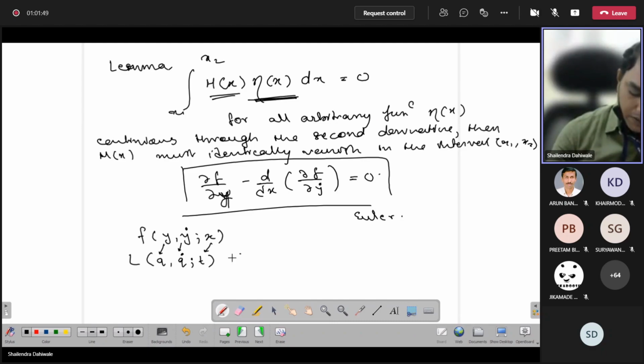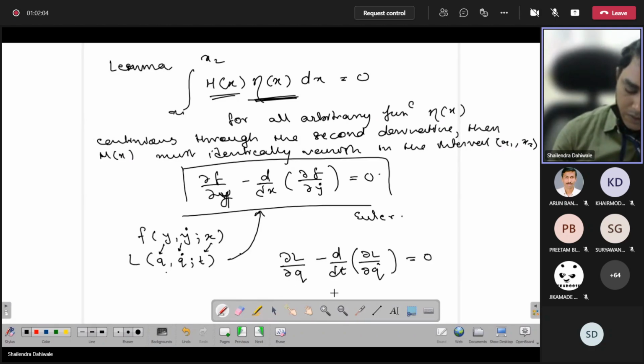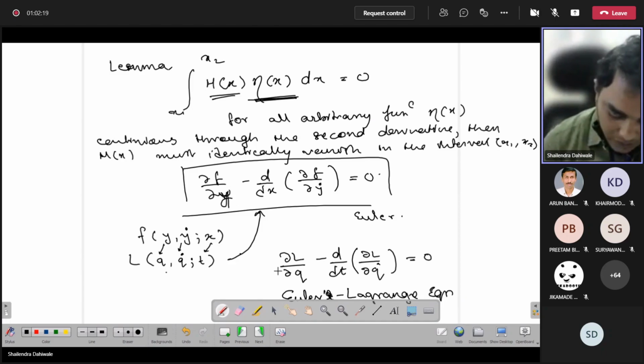So if you write this in this form, you can write it as del L by del q minus d/dt of del L by del q dot equal to 0. This is called the Euler-Lagrange equation of motion, which came basically from the calculus of variations.